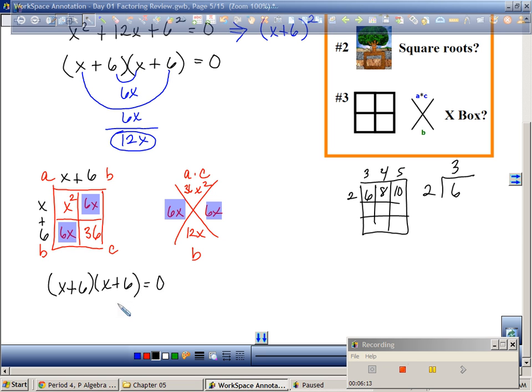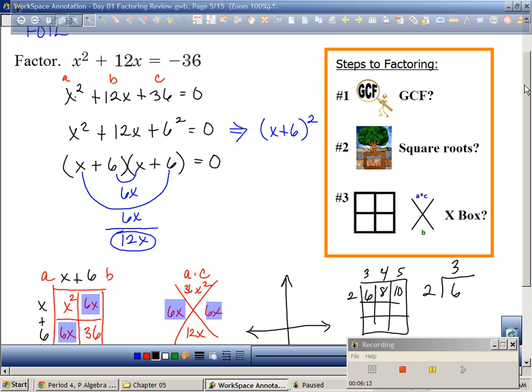Let me connect this to a graph. What does this mean graphically? Can you explain it to me? How about Dominic? Dominic, can you explain it to me graphically what this means? When I factor, there's only one root. It means there's only one root. And where is that? I'm trying to remember if it would be the highest point on it.